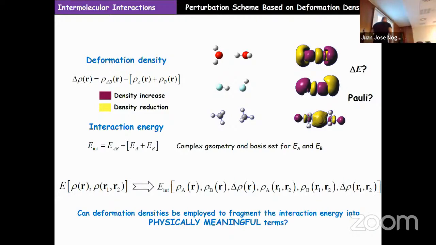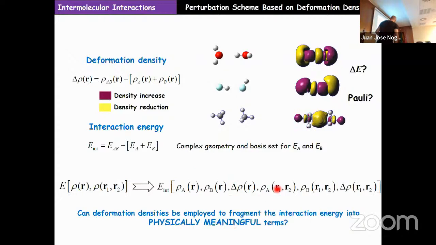So if the energy is a function of these two densities, the interaction energy, which is the difference between the complex energy and the isolated monomer energies, is a function of all of these, which are the unperturbed electron densities, the one electron density of A and B.